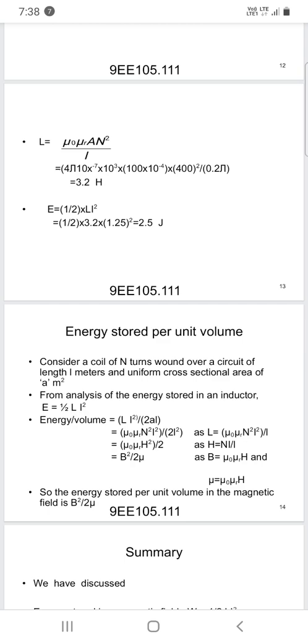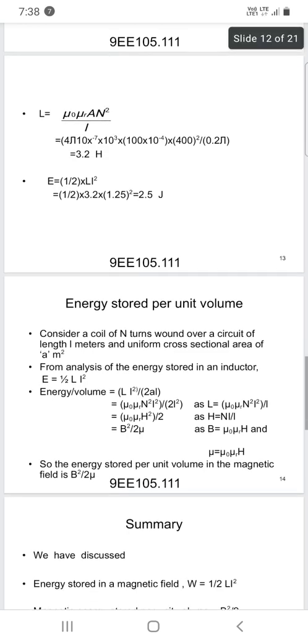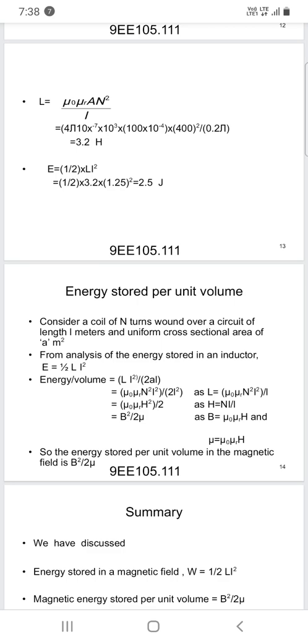So we have found the value of inductance. Next, what is the value of energy stored in the magnetic field? E is equal to half L I square. So half into inductance value 3.2 into I square, 1.25 square.